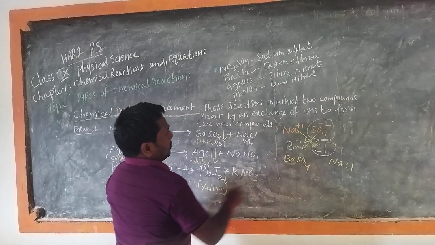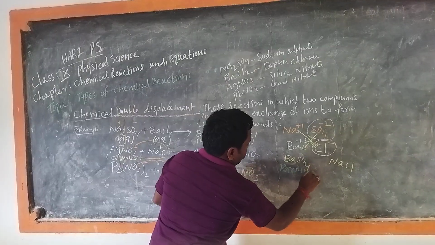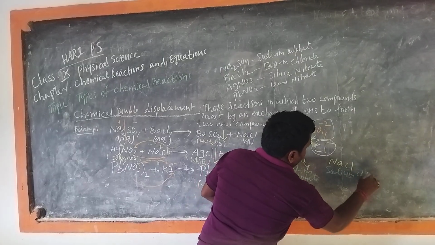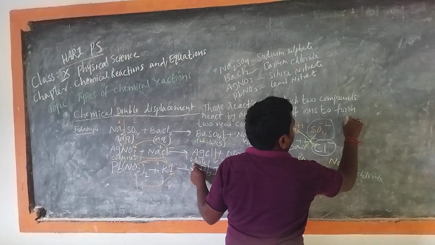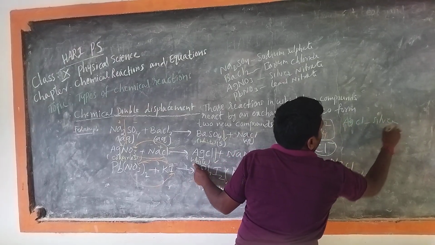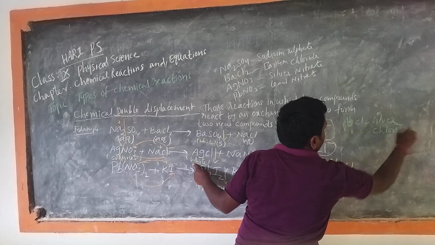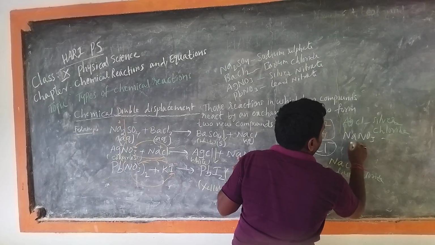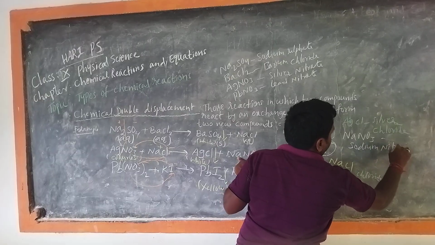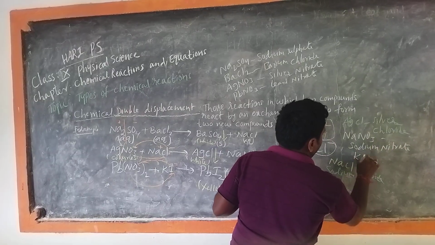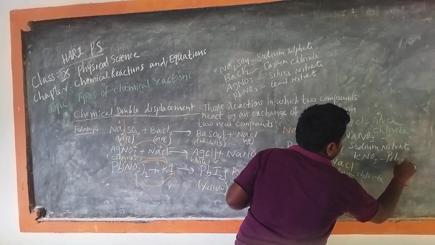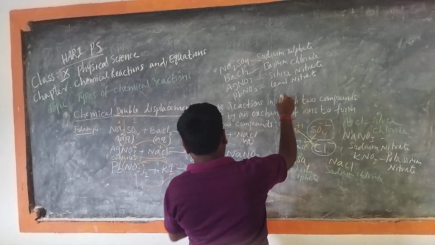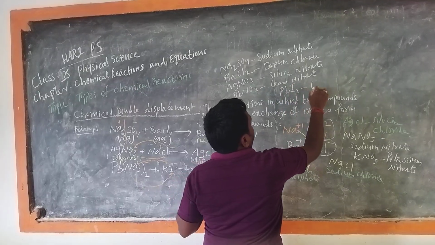These are the reactants. And the products are barium sulfate, sodium chloride, silver chloride AgCl, sodium nitrate NaNO3, potassium nitrate KNO3, and one more, PbI2, lead iodide.